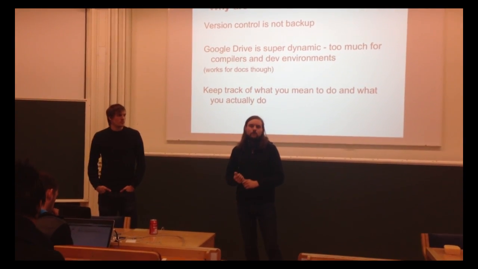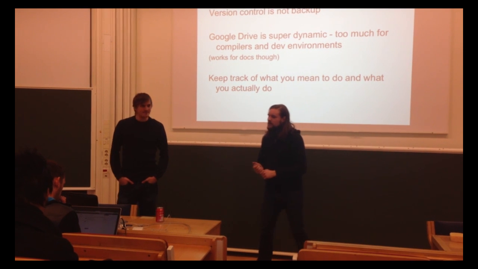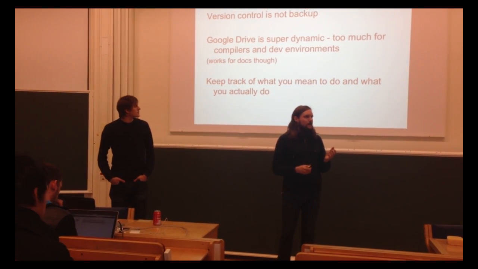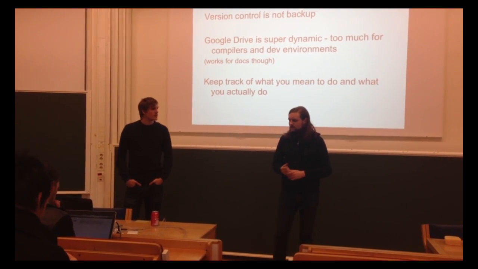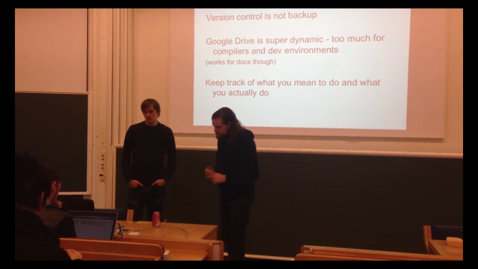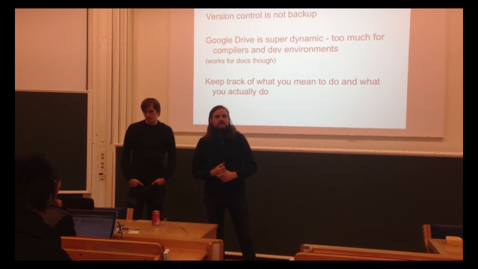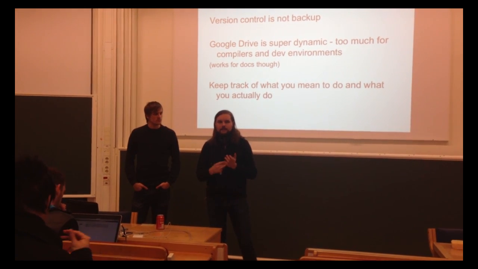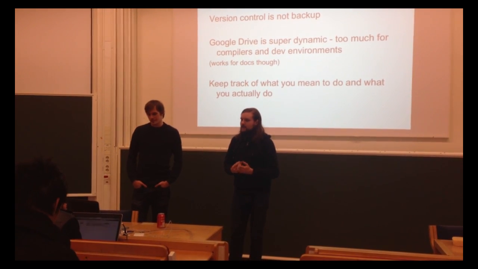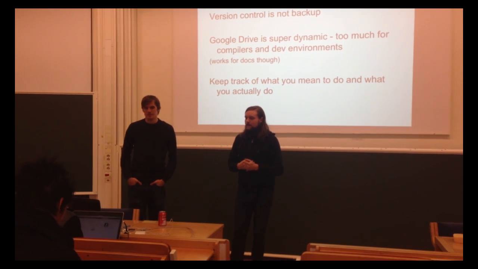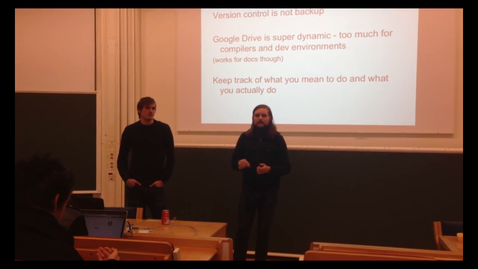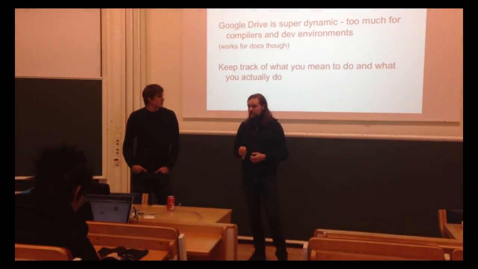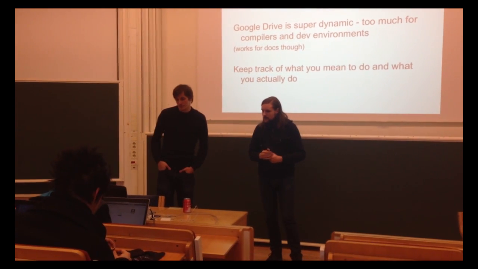That's not what we do. We're supposed to save what we mean, and not just because anything happens. Version control systems like Git, Subversion, CVS, ClearCase, and a lot of them, allow you to do this when you feel like creating a version. And that's actually what we're supposed to do.